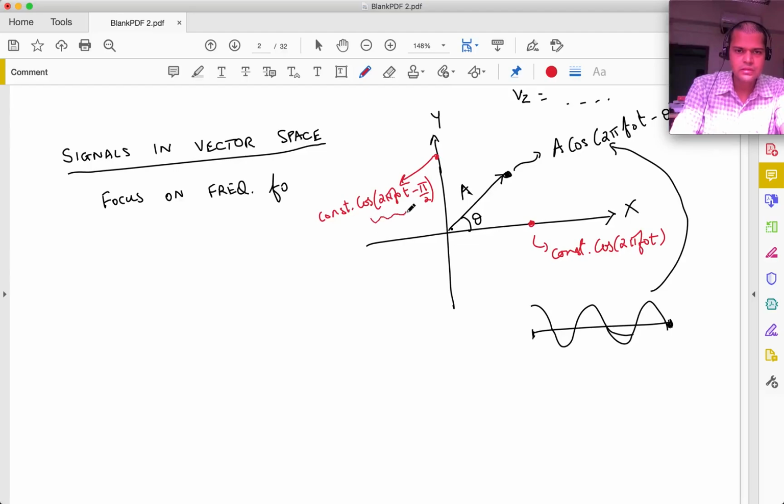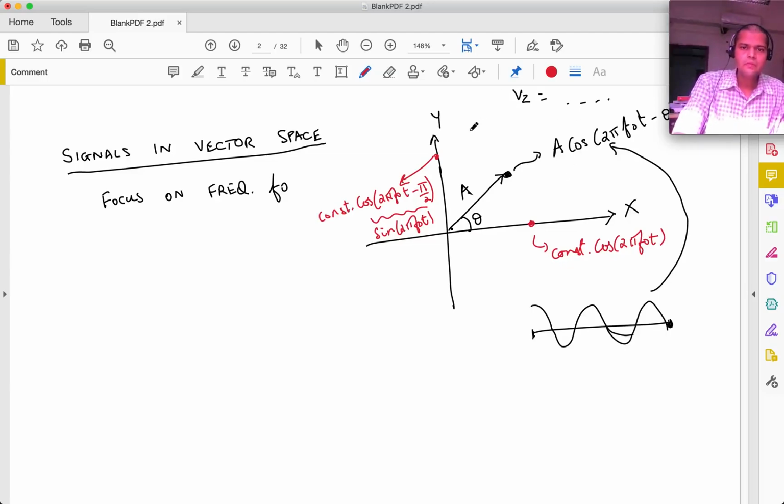And this is nothing but a sine wave, sine 2 pi f0 t. So the unit vector in the y direction is going to be just some multiple of a sine wave, and the unit vector in the x direction is going to be just a multiple of cosine. Of course we'll have to normalize it in some way depending on how we define that dot product.